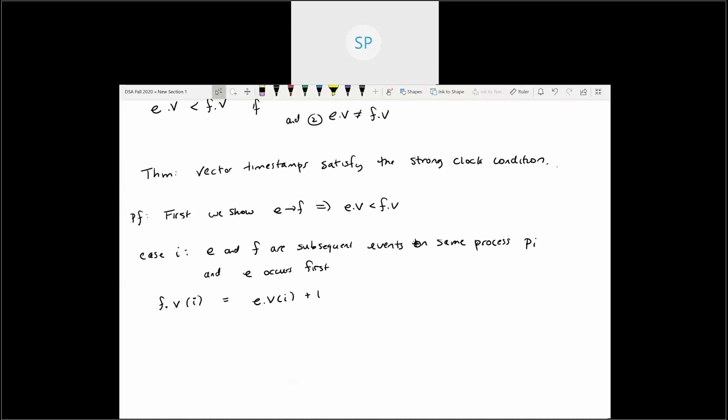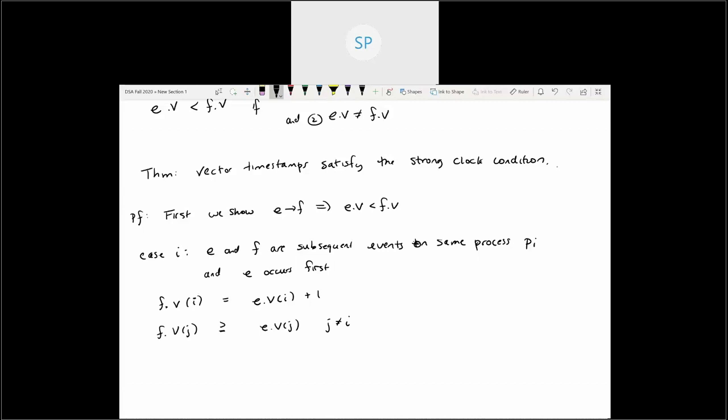So what about F.v[j] and E.v[j] for j not equal to i? What about the other components? Can we make any claim about them? Right. Well, we can say they're no smaller, greater than or equal to. And why?